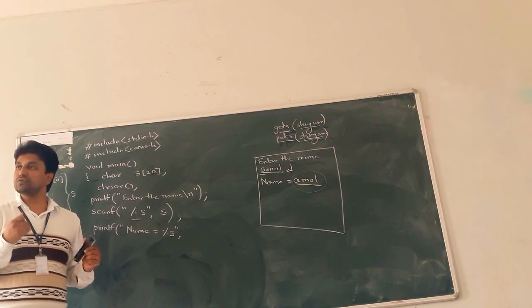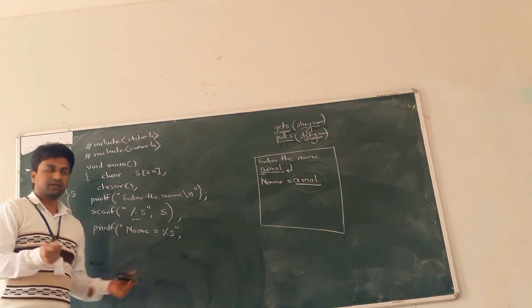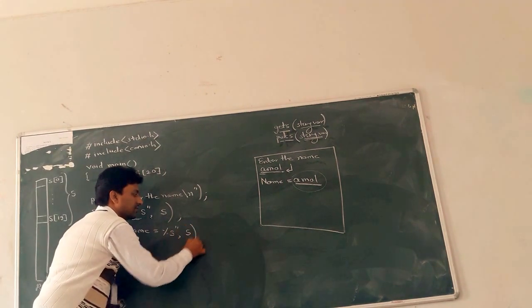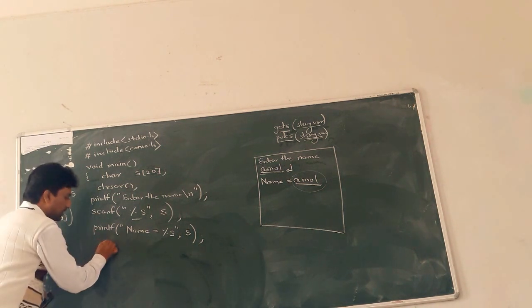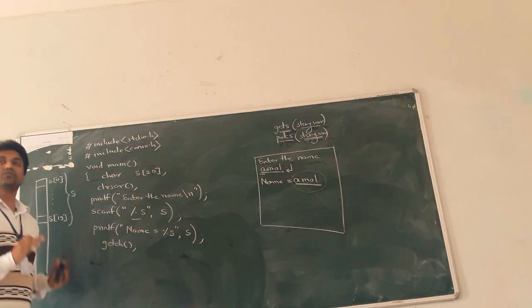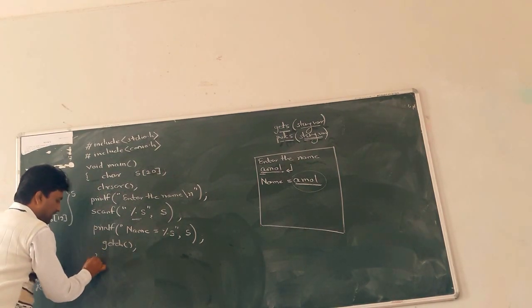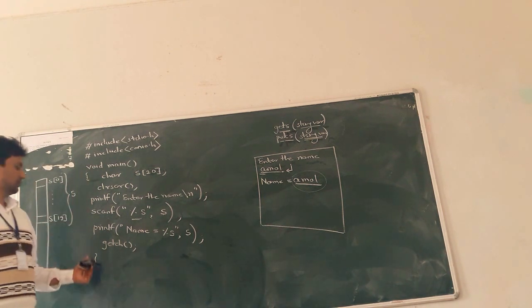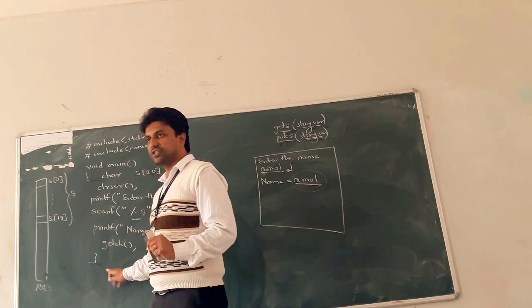Which string do you want to display instead of %s? s. The name of the variable is s. After that, getch. getch is used to freeze the console, to stop the console, and after that, end the program by completing the curly bracket of the main function.